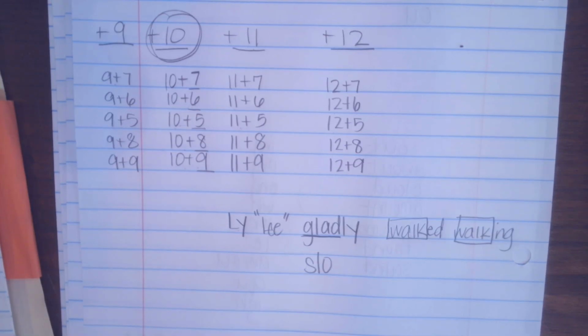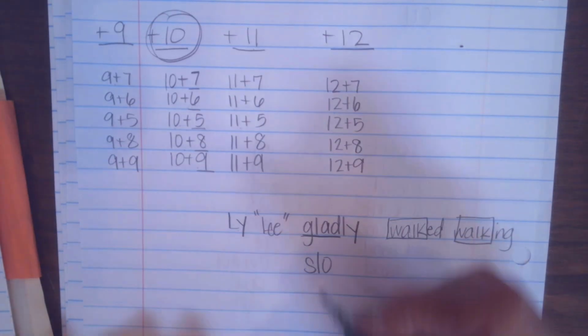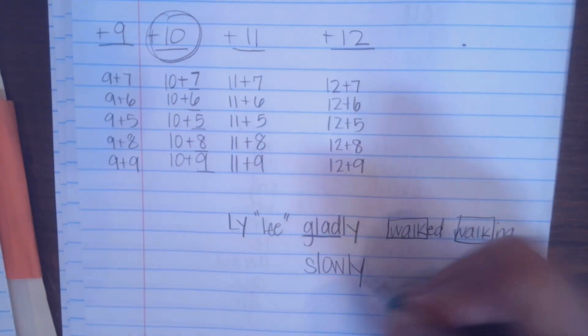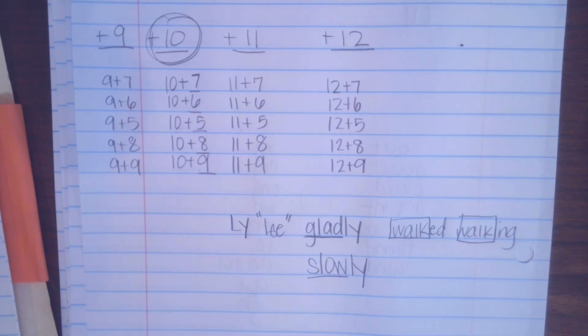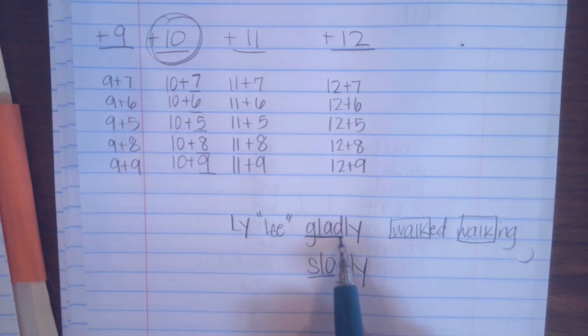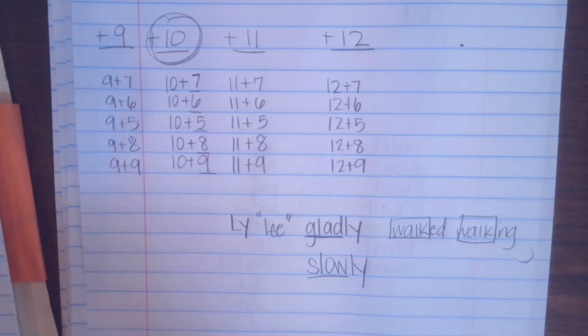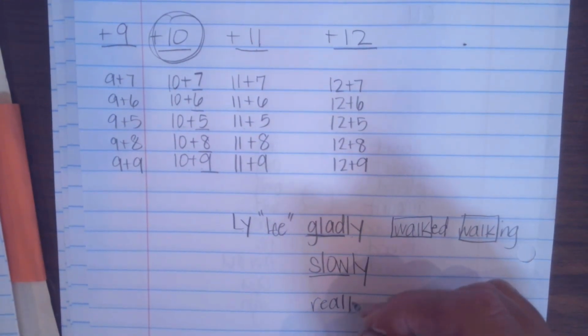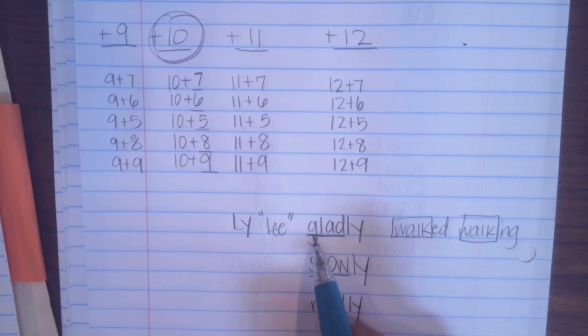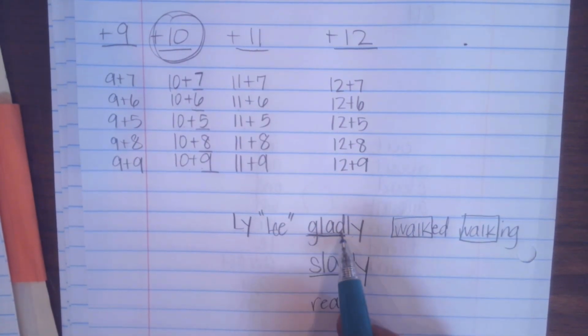So ly is an ending and they are tacked on or added on to regular words. So if we can read the regular word and then put a ly on it, that would be super helpful. So I'm going to write these down. This one I would sound out the root word, glad, gladly.